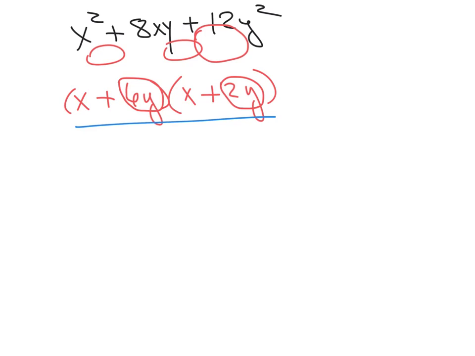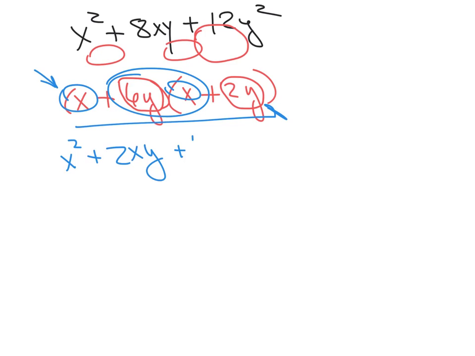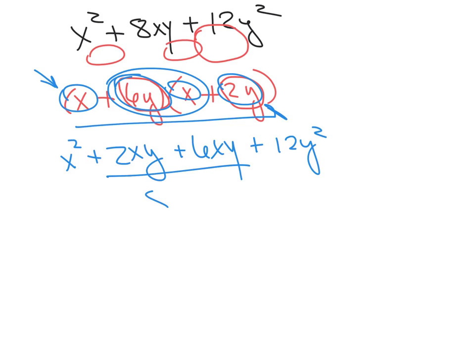If I were to use the FOIL method and multiply these, first would give me x squared. Outside, which would be this one and this one, give me 2xy. So see, now I've got an xy, which is part of my middle term. Inside would be multiply those. And last, this one and this one. So when I add those two together, I get 8xy, which is what I had up there.